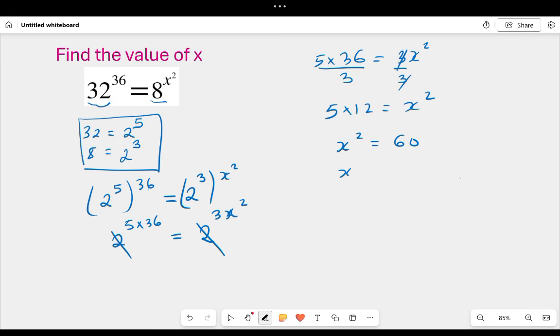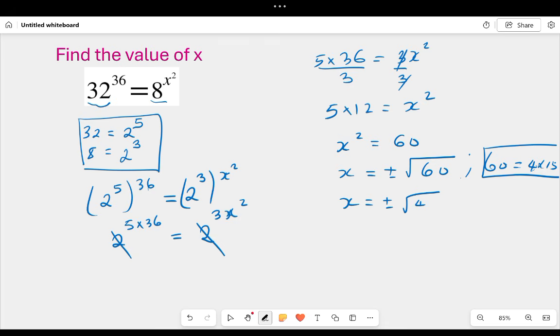And therefore, x will be equal to plus or minus the square root of 60. We can, however, write 60 as 4 times 15, right? So therefore, we are going to write this as x is equal to plus or minus the square root of 4 times 15.